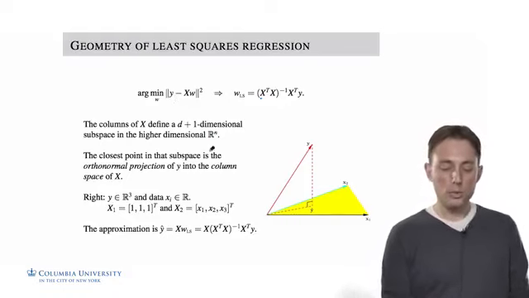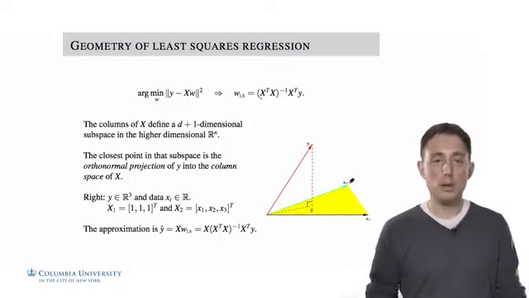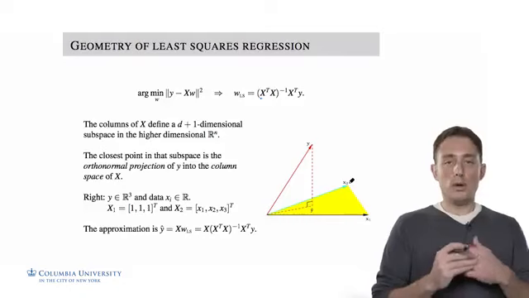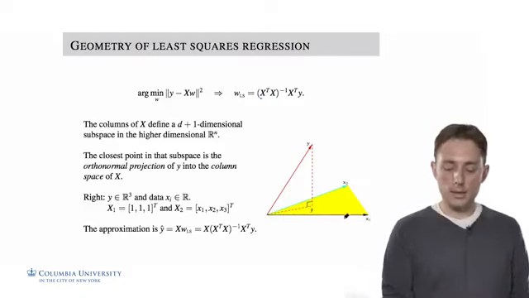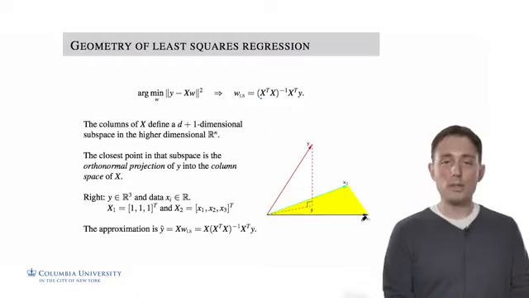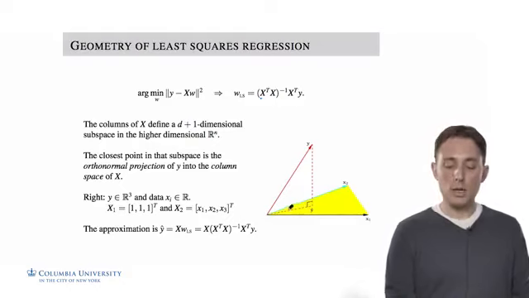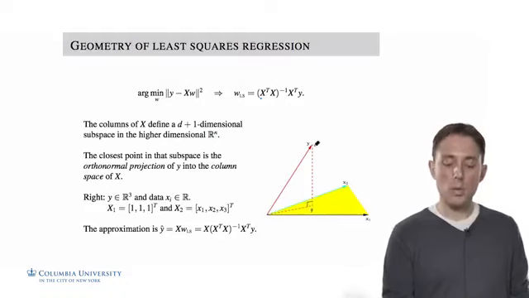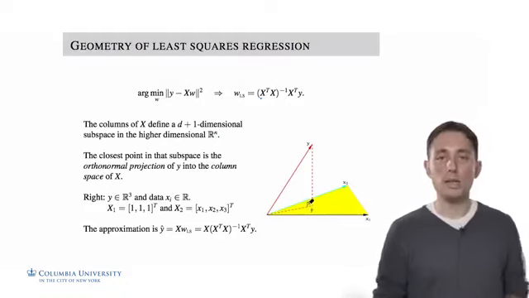So if we have 2 columns to X, we basically have 2 vectors that we get to play with in R3. Of course, it's very rare that we could take 2 vectors in R3 and actually hit this vector y in R3. We don't expect to be able to do that. So what we're trying to do is, in this 2-dimensional space spanned by these 2 vectors, find the point that is physically the closest to y according to the everyday Euclidean sense.